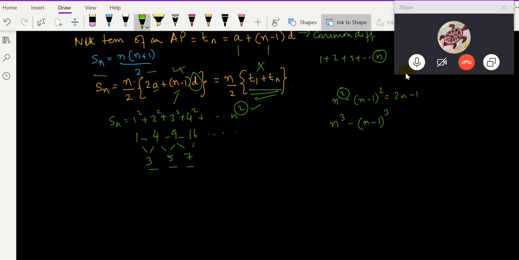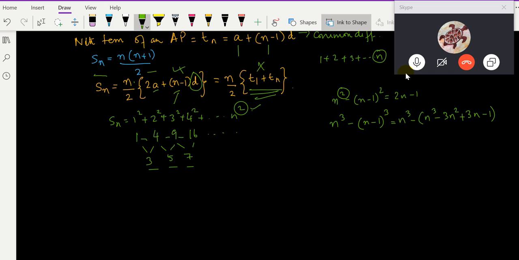So this is n cube minus n cube minus 3n square plus 3n minus 1, right? That's the formula of (a plus b) whole cube.